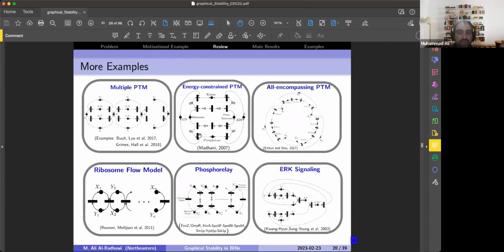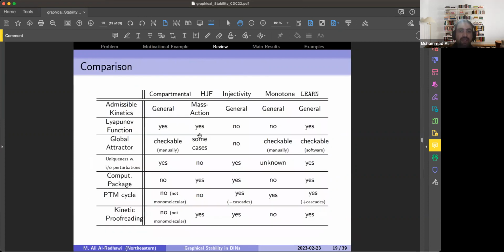This is how it compares to other methods. For instance, with respect to the Horn-Jackson-Feinberg theory, which is applicable only to mass action kinetics, we can apply it to some networks that Horn-Jackson and Feinberg cannot study.